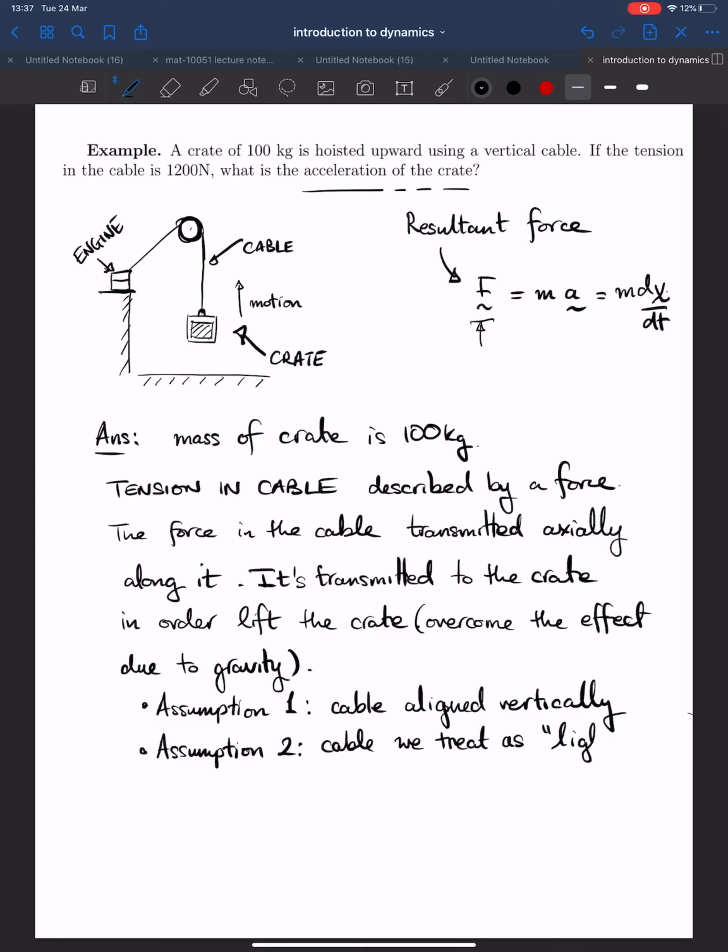Or light. Why? Well, because as soon as we start to embed mass and assume that this cable has some significant mass, then remember that when objects are moving as a result of the action of some force, we know we have Newton's equations of motion. This is what we'll use for the crate at the top, and this embeds the mass of the object.